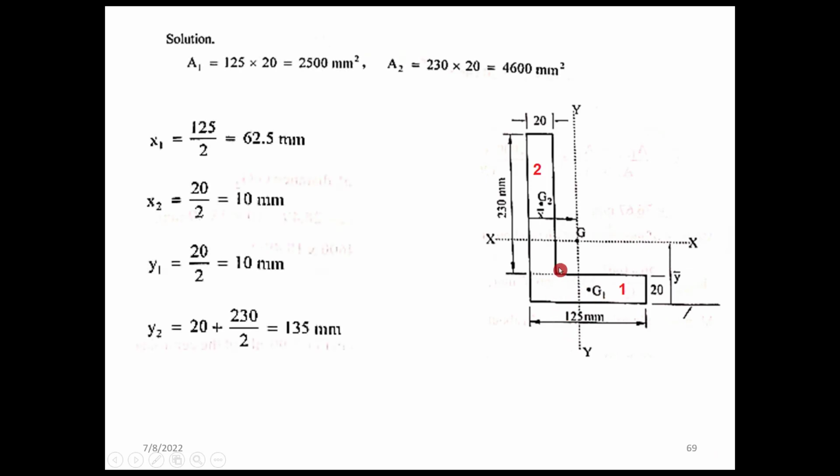Please don't confuse this x and y. These are not imaginary, but these are the real centroidal axes. But we are calculating all these values with respect to this axis, from here left and from here top.